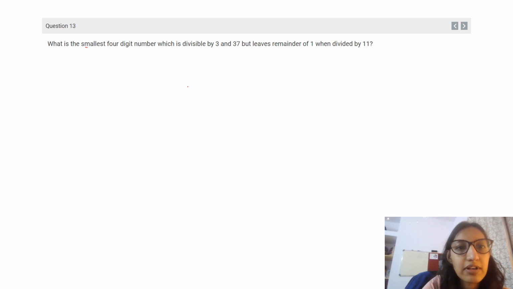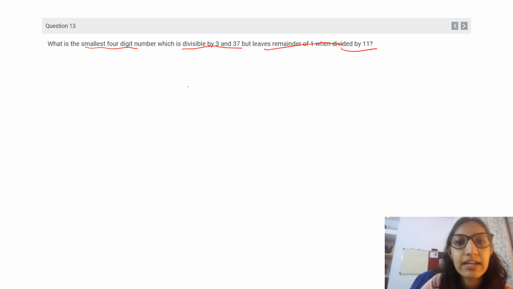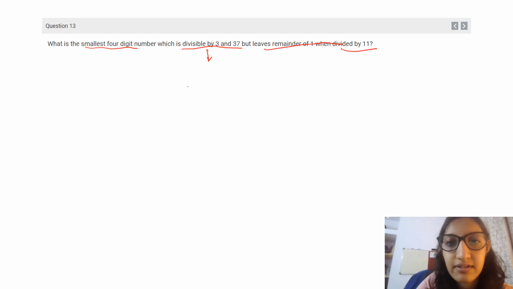Okay, so the smallest 4-digit number divisible by 3 and 37 but leaves remainder of 1 when divided by 11. Now for this question, if you are very comfortable with it, then go for it. Else I think you should attempt it in the second round or maybe later. I'll share the approach with you here.